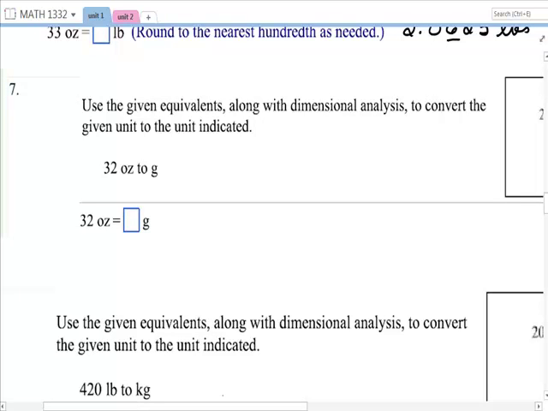Now, we're going to do this. In a physics class, we would not do this because in our system an ounce is a unit of weight. A gram is not a unit of weight. So in reality, you shouldn't convert those two.